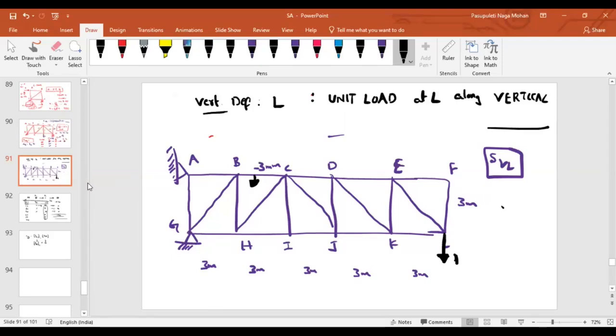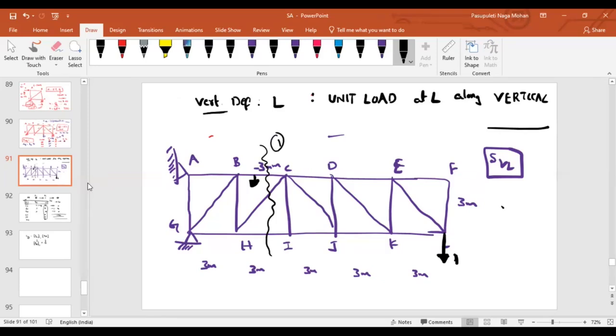Is there any need to find the support reactions? No need. Can I consider a section like this? Which part should I consider, the left side or the right side? The right side part, because there is no need to find the reactions.